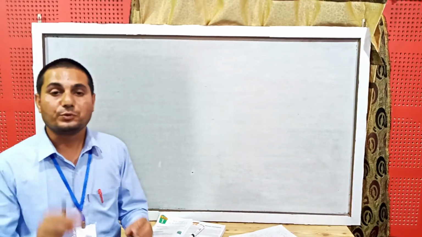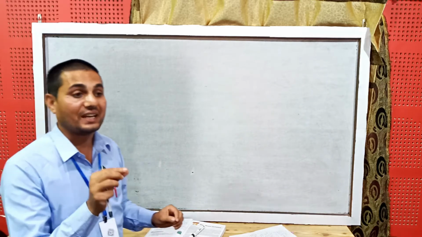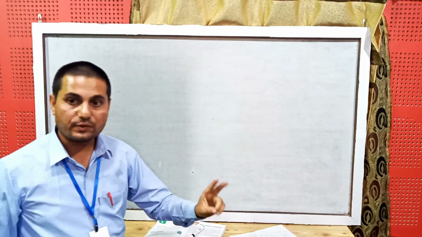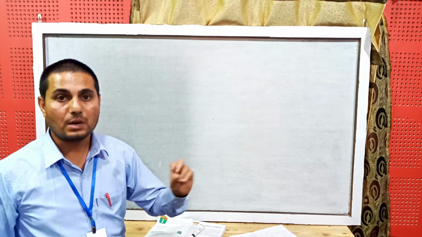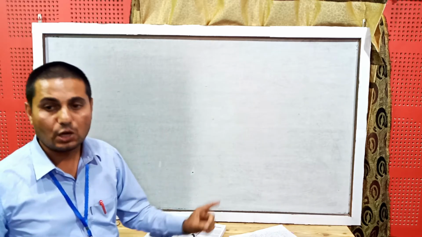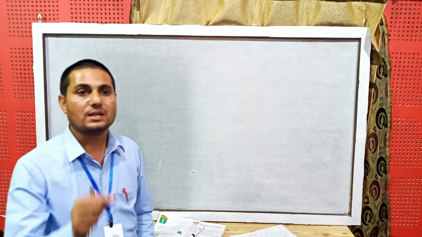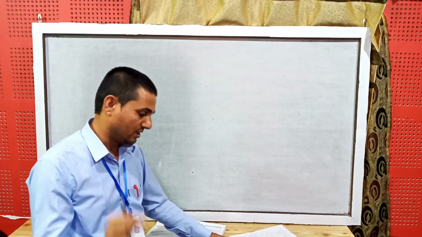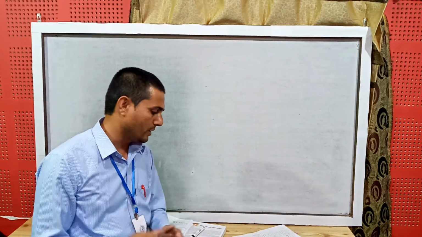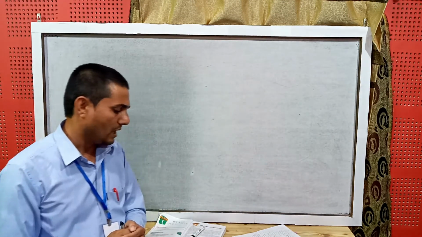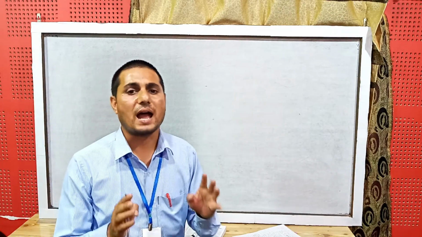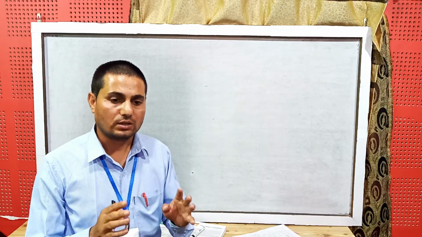Dear students, the full marks for this subject is 100, out of which 75% marks come from the written examination, whereas 25% marks come from the practical test. And students, now I'm telling you how the questions are asked in the examination.